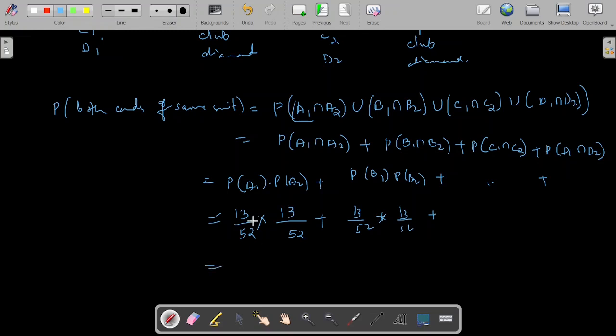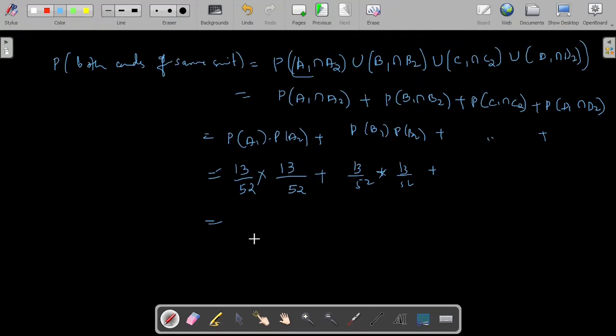So that gives you 13 by 52 is nothing but 1 by 4. So 4 times 1 by 4 into 1 by 4, because there are 4 terms. The same will continue here. So it is equal to 1 by 4. The probability is 1 by 4. So this is how we use the addition law and multiplication law to find the probability of given event.